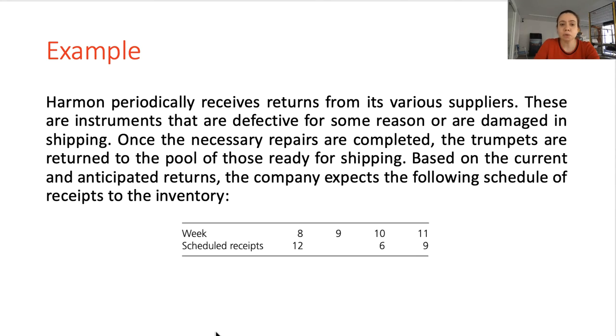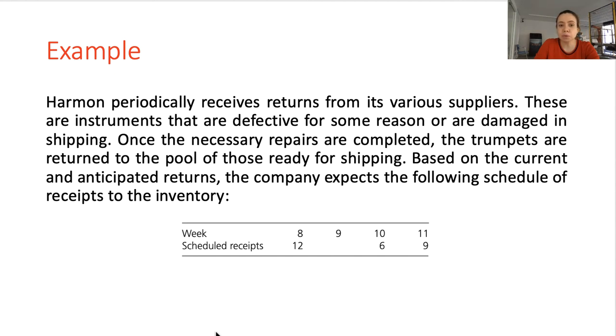Also, the company receives returns from its various suppliers. These are instruments that are defective for some reason or are damaged in shipping. Once the necessary repairs are completed, these trumpets are returned to the pool of those ready for shipping.